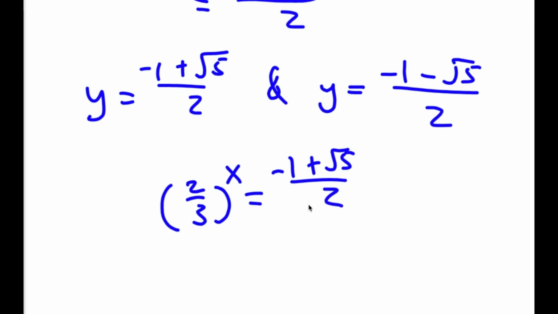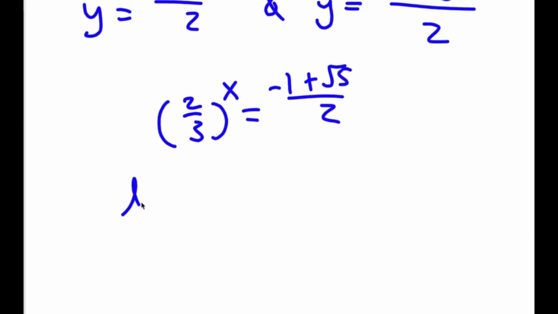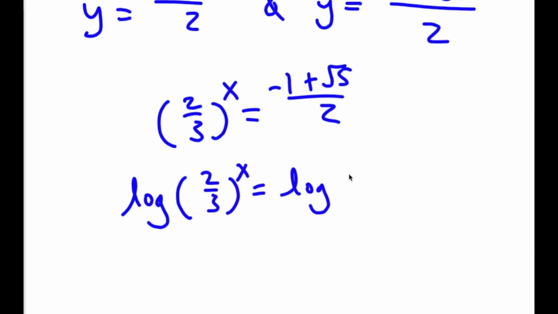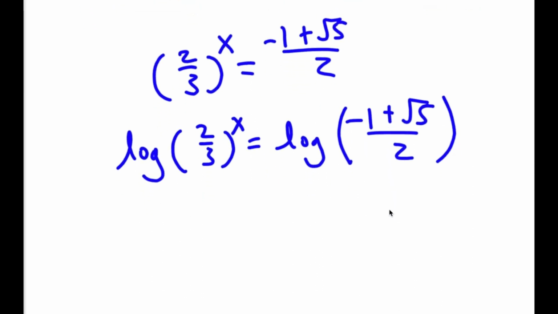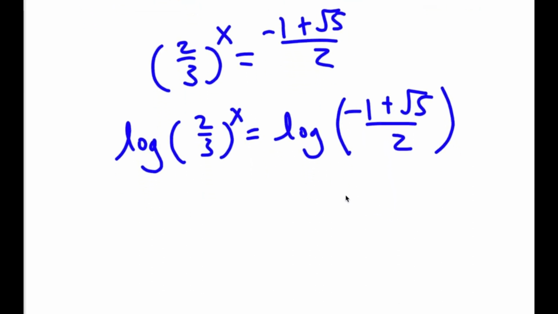So if I solve this, I'll first take the log on both sides. So I have log 2 over 3 to the power of x is equal to log of negative 1 plus the square root of 5 over 2. Now, before I divide both sides, I can move this exponent x to the front of the logarithm.